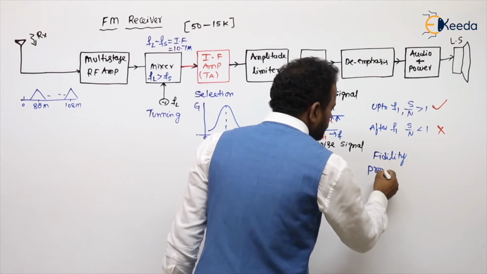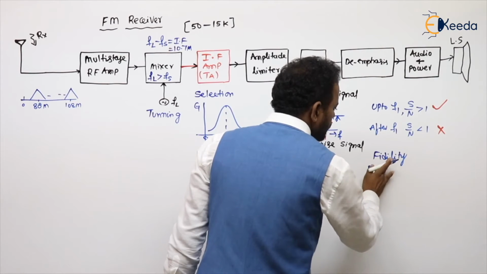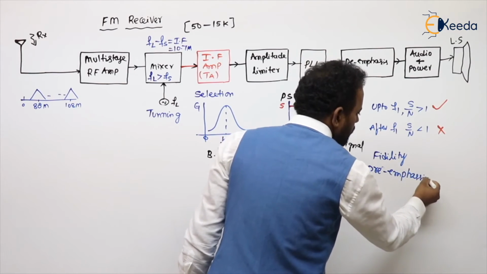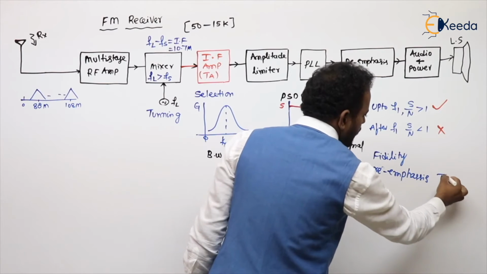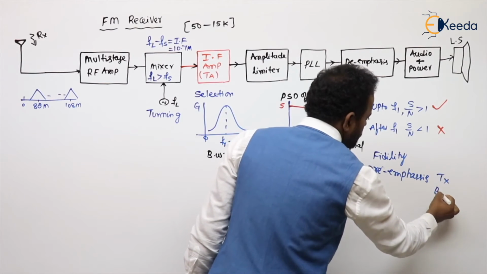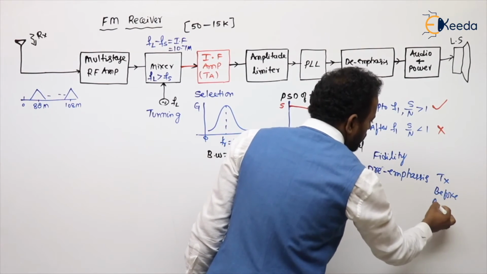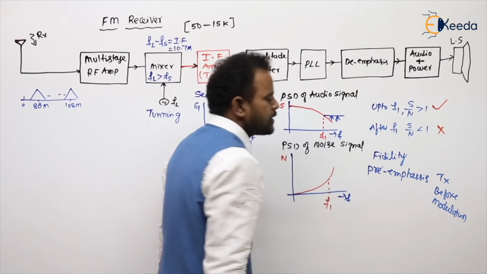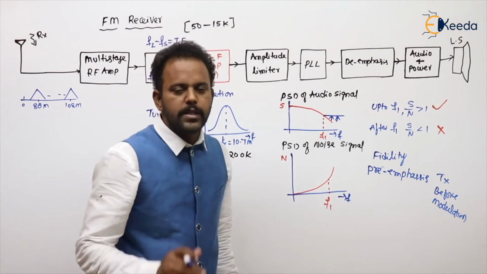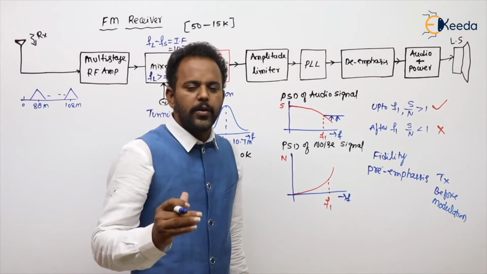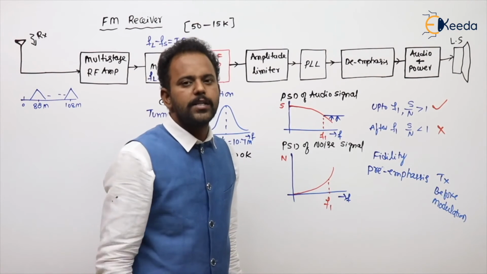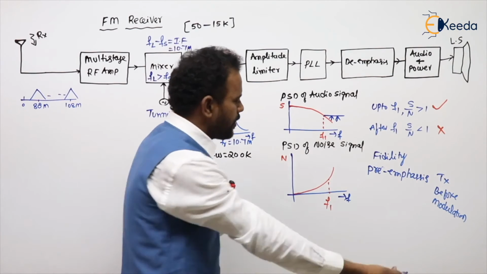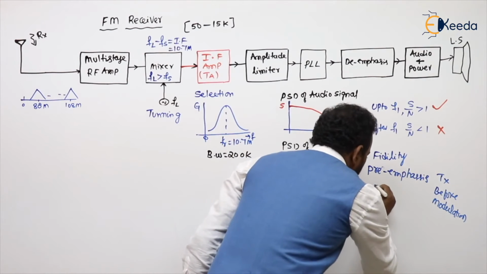Pre-emphasis will be done at the transmitter, before modulation. The circuit we are using for pre-emphasis is a high-pass filter, or you can say a lead compensator. We are using a phase lead compensator, sir. If you want the circuit diagram of how that phase lead compensator works?